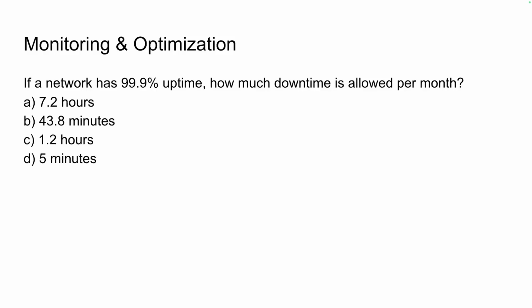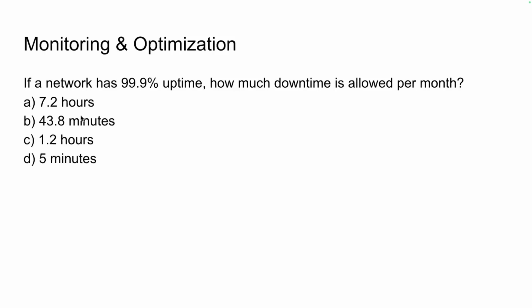If I subtract that from 43,200, which is our total, that ends up being 43.2 minutes, I guess. So maybe my calculation was a little bit off, but essentially it's this number right here, 43.8 minutes, calculated based on a 30-day month. I just got 43.2, so somewhere in my calculation I was wrong, or maybe somewhere in their calculation they were wrong.